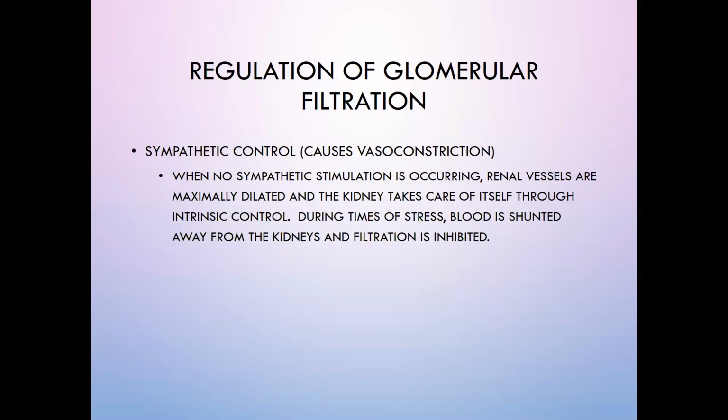So when no sympathetic stimulation is occurring, renal vessels are maximally dilated and the kidney takes care of its own GFR through intrinsic control. But during times of stress, and it can be a variety of stresses, could be hypovolemia, blood is shunted away from the kidneys and filtration is inhibited.